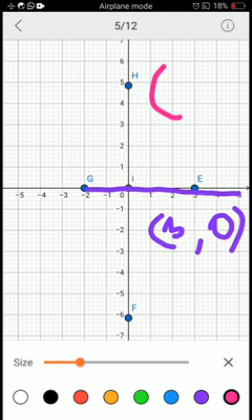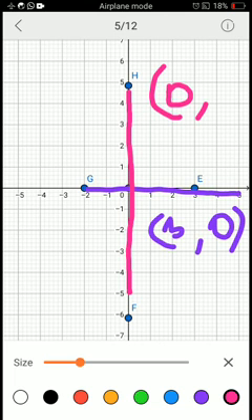It is on which axis? It is on the y-axis, right? So I'll always have x as 0. The x coordinate will always be 0. And what is my y coordinate? It is 5, since it is above the origin.